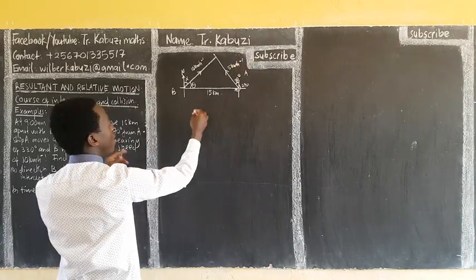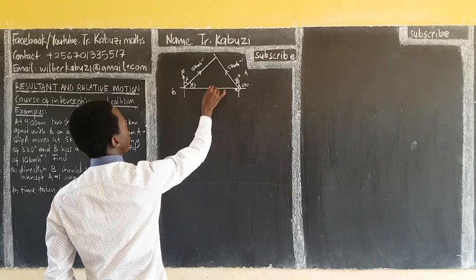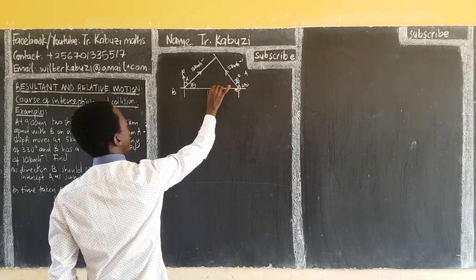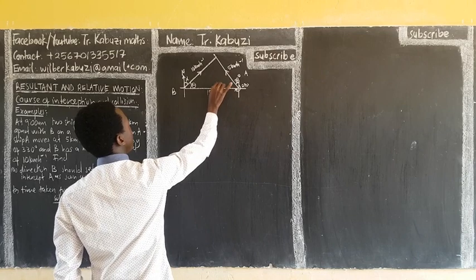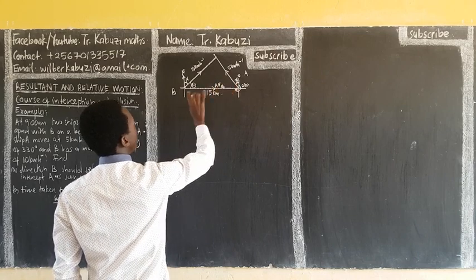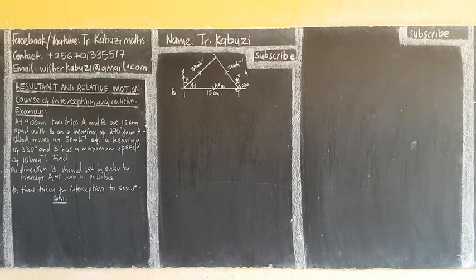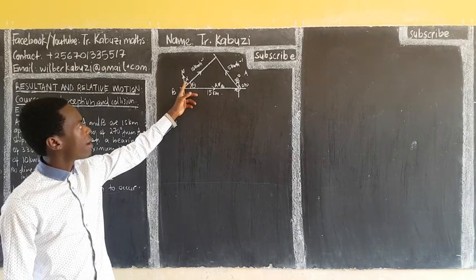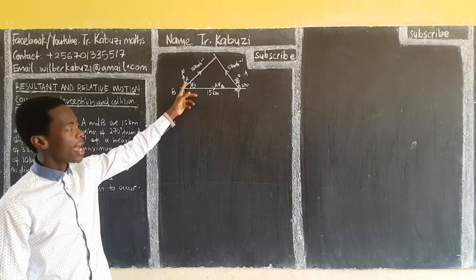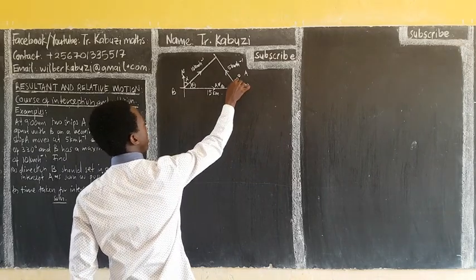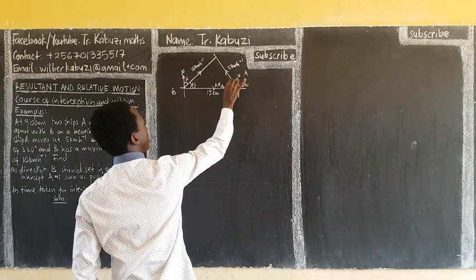It means that if they are going to intersect, our resultant velocity, AVB, is going to be parallel to their initial displacement. So how do we get this? They want us to get this alpha. If I have this theta, I can get this. Remember, if this is 30, this one is going to be 60 degrees.